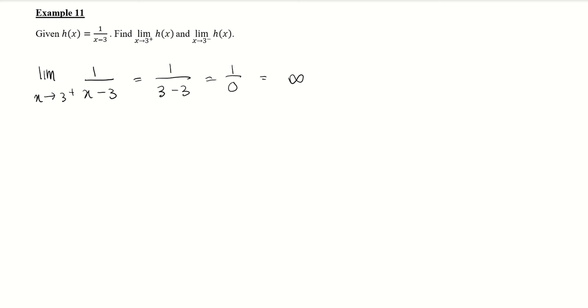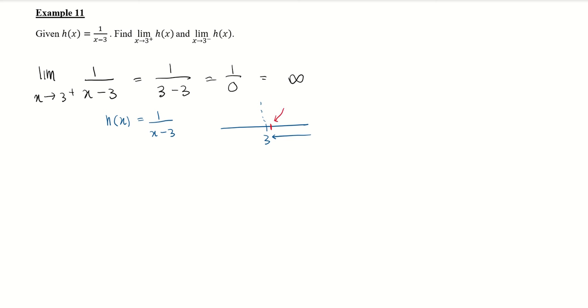To determine that, we need to choose a value to substitute into h. We know h(x) is 1 over x minus 3. Since we are approaching 3 from the right, we need to take some value of x close to 3 but on the right side of 3.